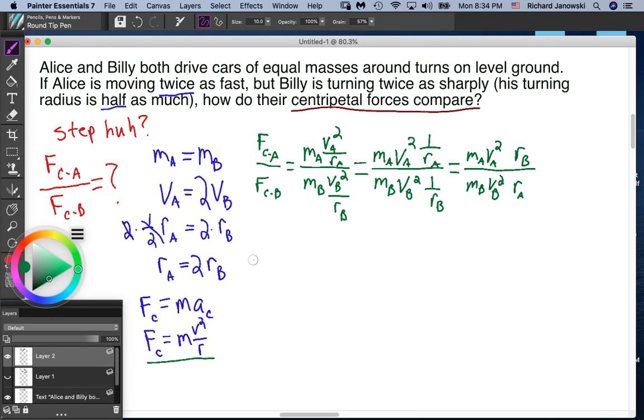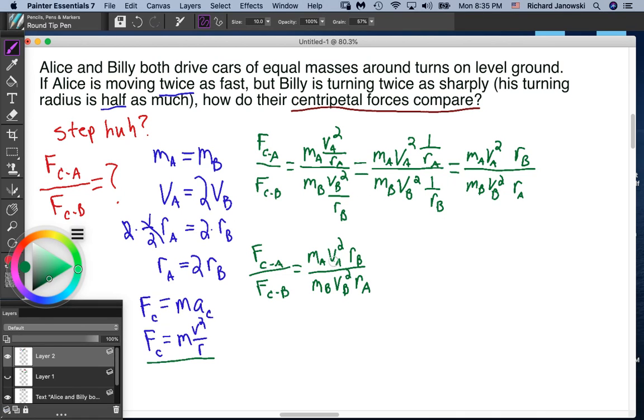So let's go back down to here. I'm going to rewrite this because I'm going to need a little bit more room. Force centripetal of Alice over force centripetal of Billy is equal to mass of Alice, v of Alice squared, radius of Billy, and in the denominator, radius of Alice.